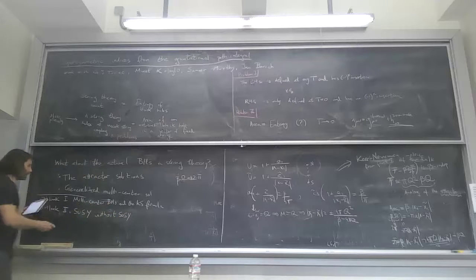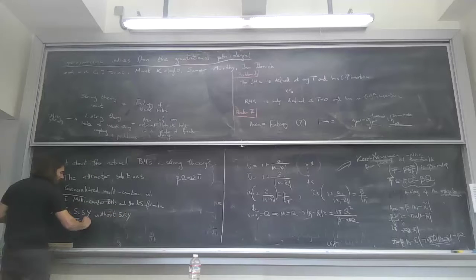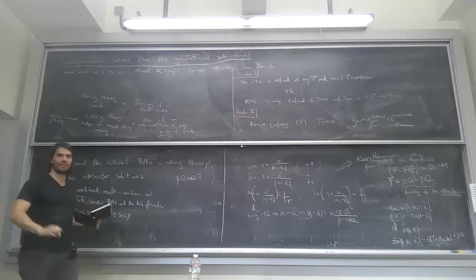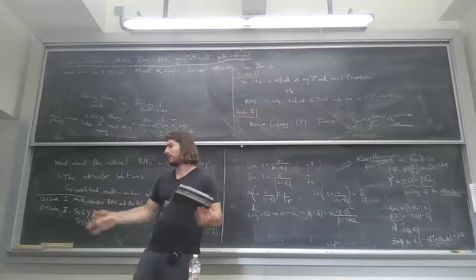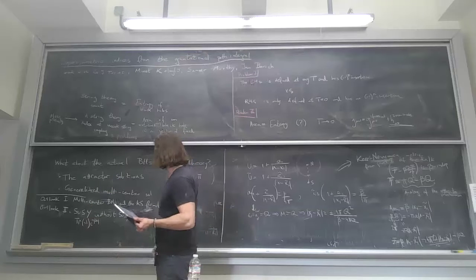So you can still try to compute the trace of (-1)^F e^{-βH} in a gravitational theory that is not supersymmetric, like the one that seemingly describes the low energy theory in our own universe.